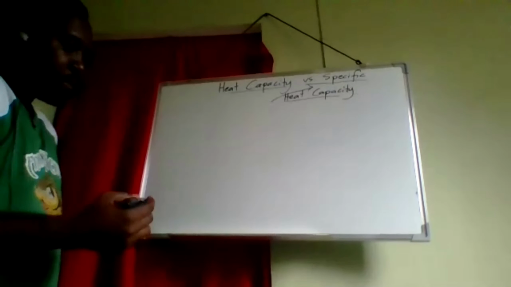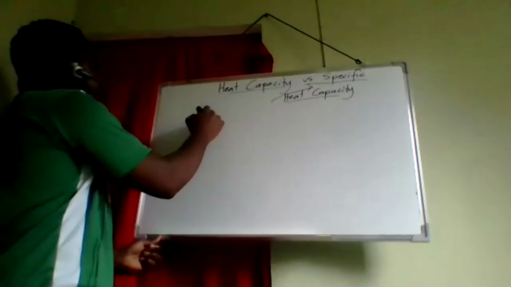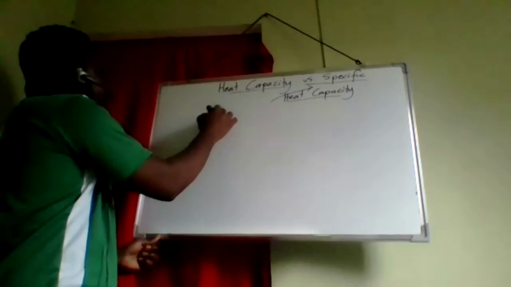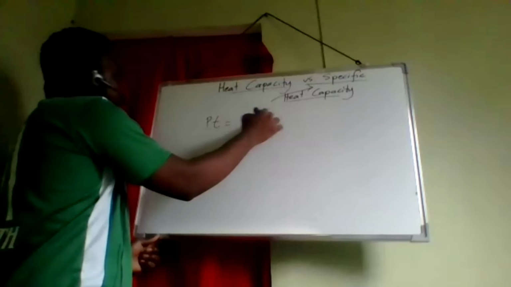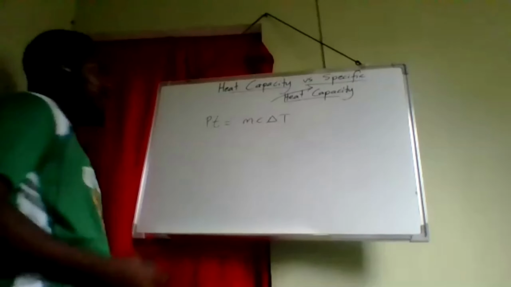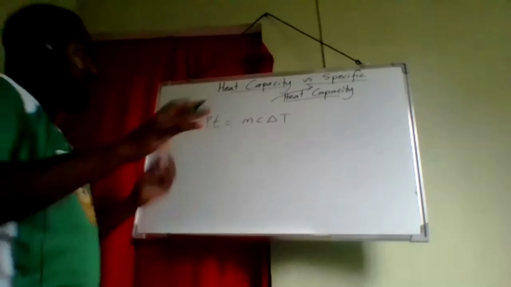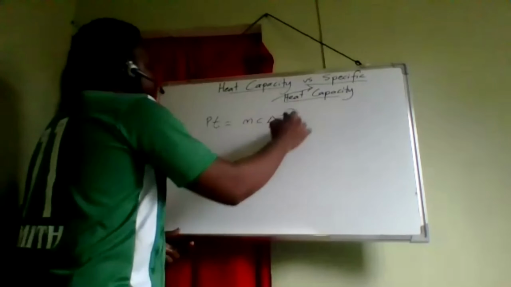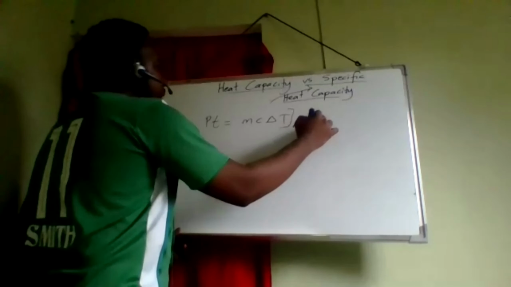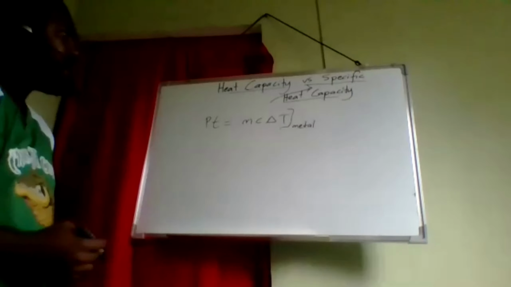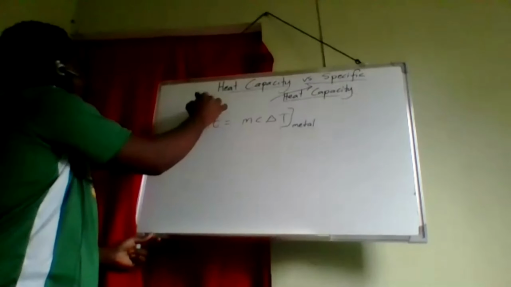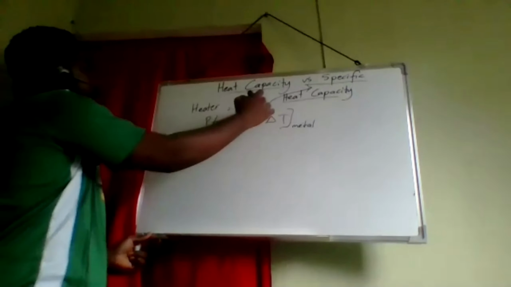So in this case, we can use P times T is equal to mc delta T. Instead of using the water, we're just heating the metal. So the heat lost by the heater is equal to the heat gained by the metal.